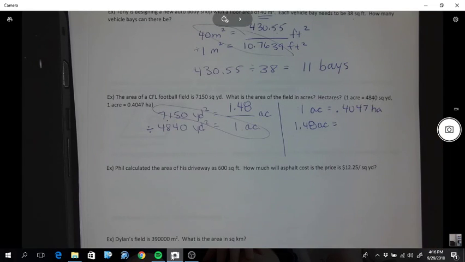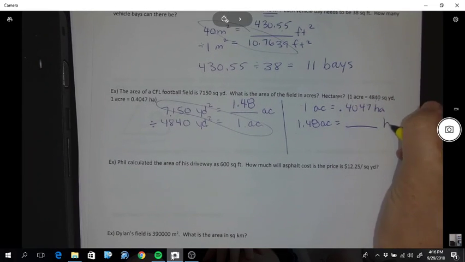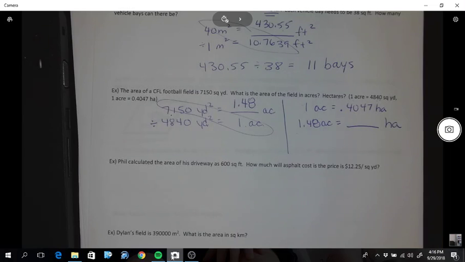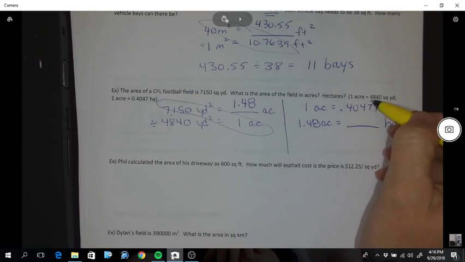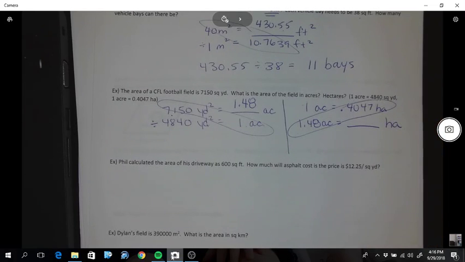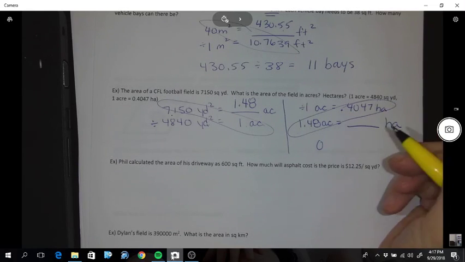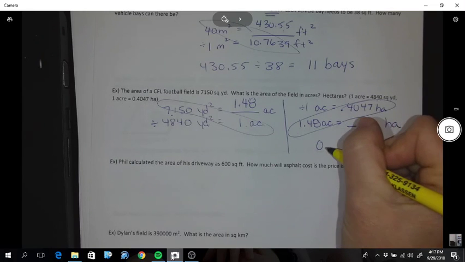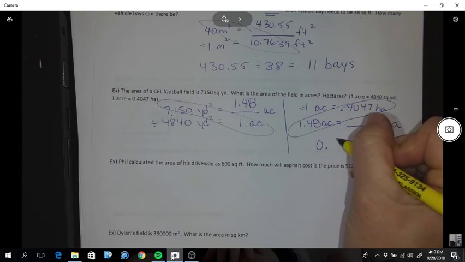I know 1.48 acres is what I have, and I want to convert that. So in this ratio setup, the two matched up across to multiply would be that. Dividing by 1 is not necessary, so that comes out to 0.6.